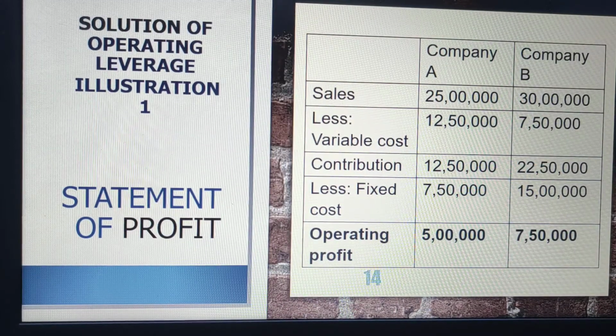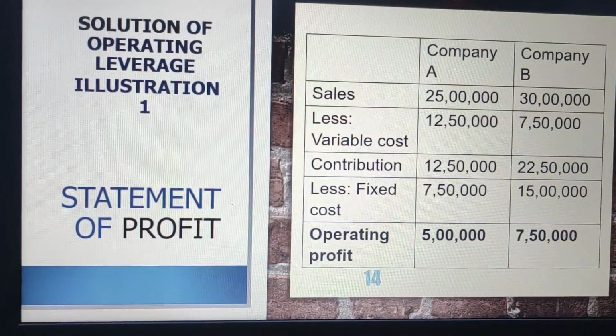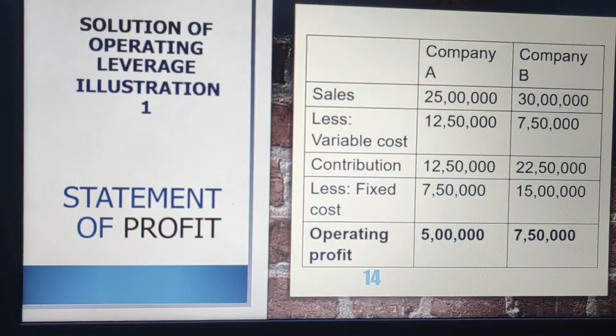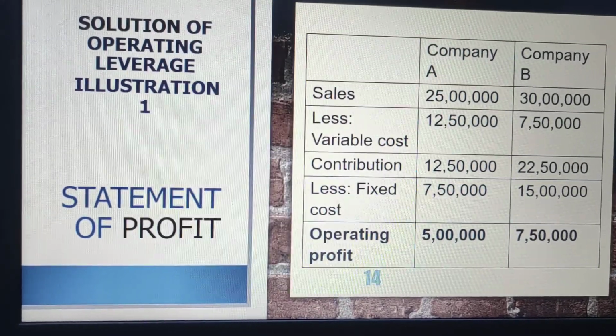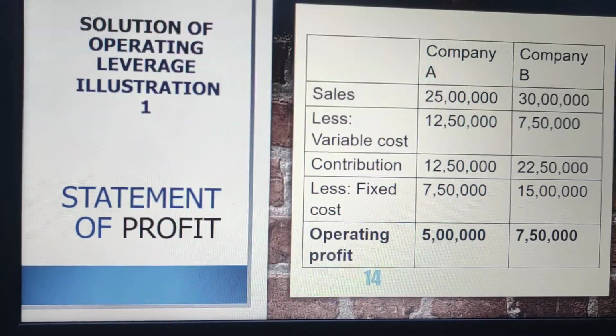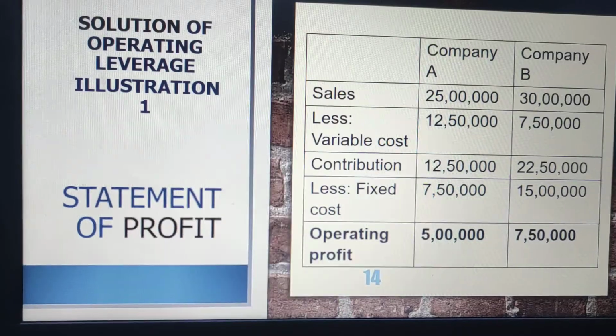In both cases fixed costs are given, that is 7 lakh 50,000 in case of A, and in case of B it's 15 lakh. After deducting fixed cost from contribution, we get operating profit, that is 5 lakh in case of A, and in case of B it's 7 lakh 50,000.